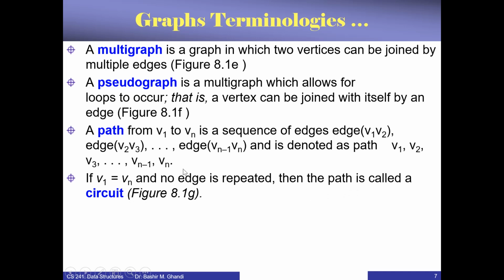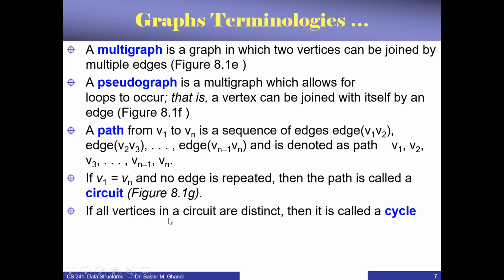Notice that here it says no edge is repeated. It didn't say no vertex is repeated, just no edge is repeated. Okay, so let's see an example in figure 1G, an example of a circuit. Maybe before we go back to figure 1G, let's explain the next term as well, so that we don't go back there twice.